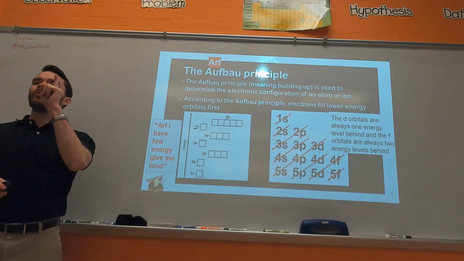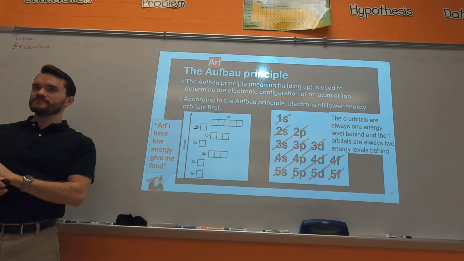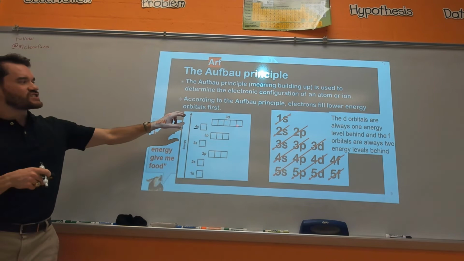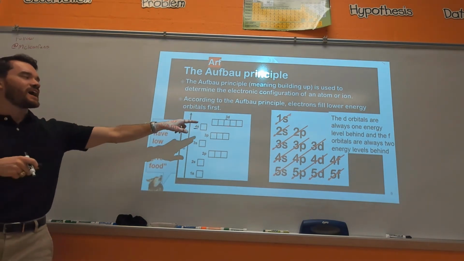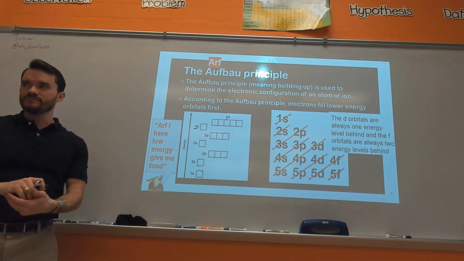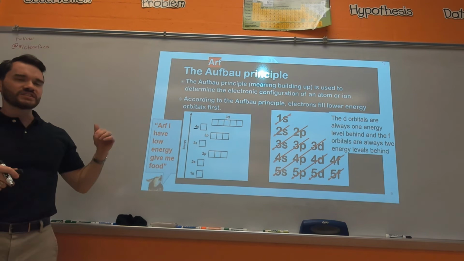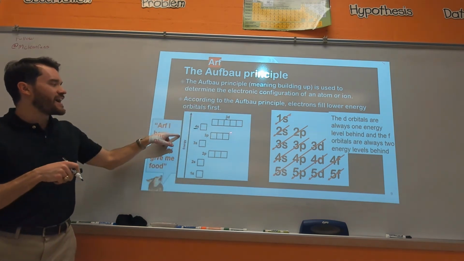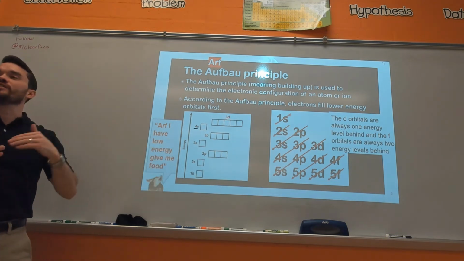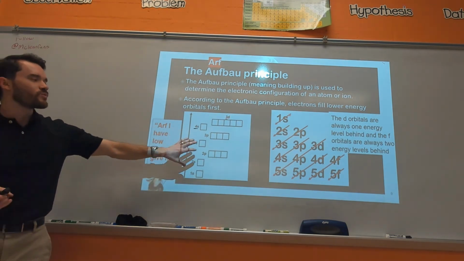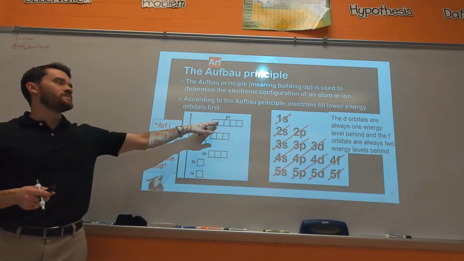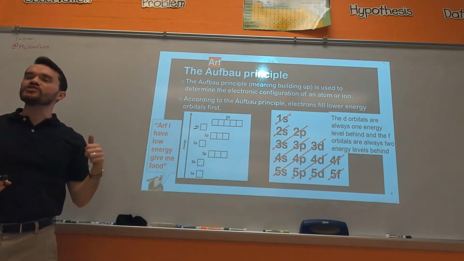The d orbitals are always 1 number behind. Basically, the reason why is that sometimes the electrons in the d orbital can actually be located in the 3rd energy level. It's kind of weird. Other times they can migrate upwards. The 3d are still the higher energy electrons, but they are technically in the third energy level. So when you're writing out the orbital diagram, you go 1s, 2s, 2p, 3s, 3p, 4s, and just remember it's always one behind. So you go 3d.